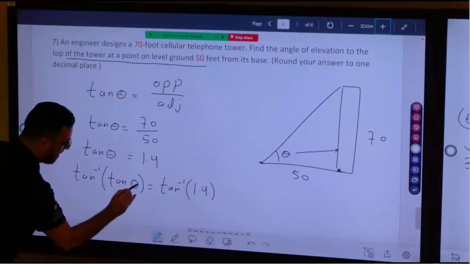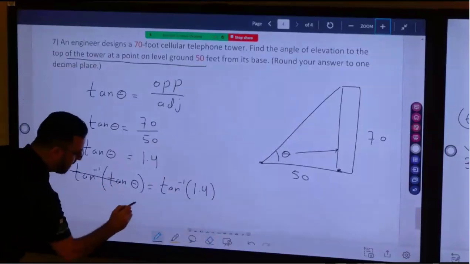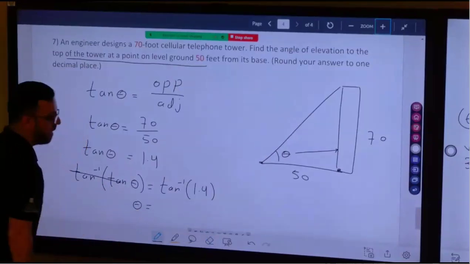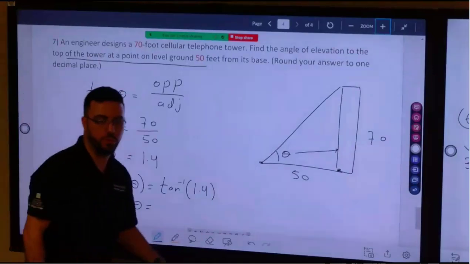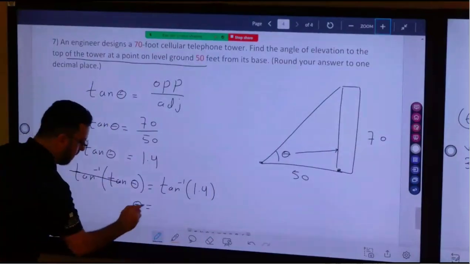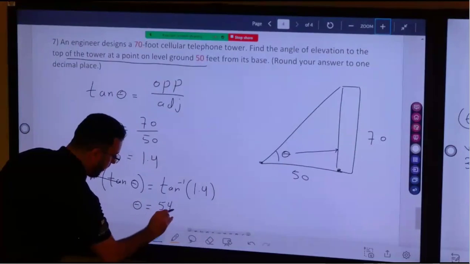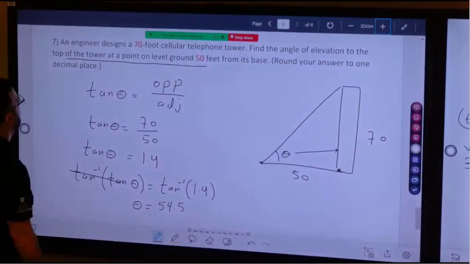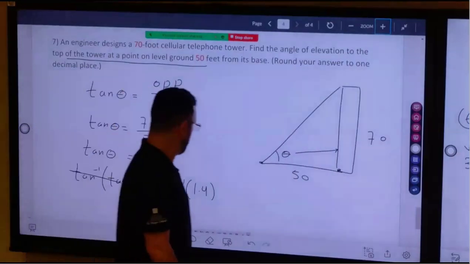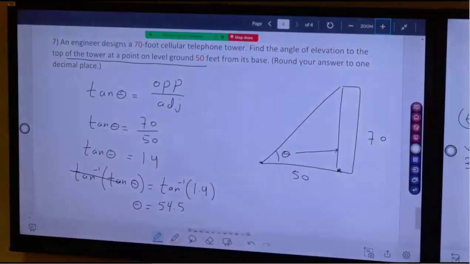So what's left? Theta equals tangent inverse of 1.4, which is 54.5. One decimal place? Yes. That's it. So this is the elevation angle.